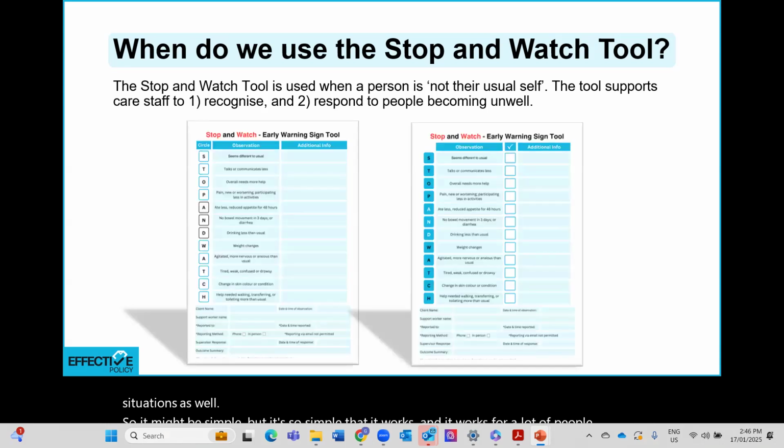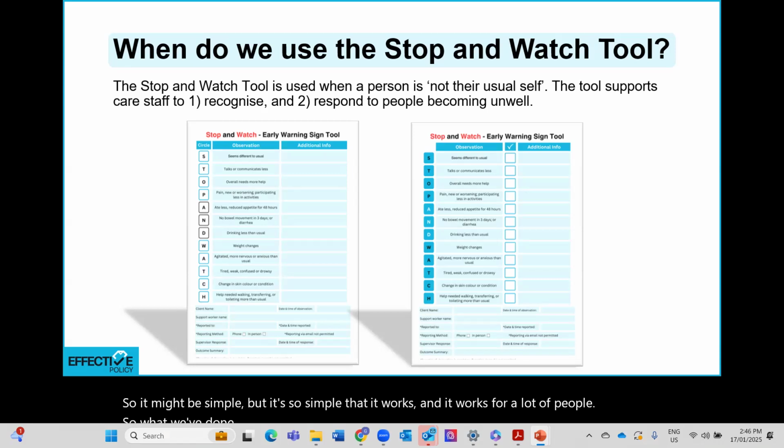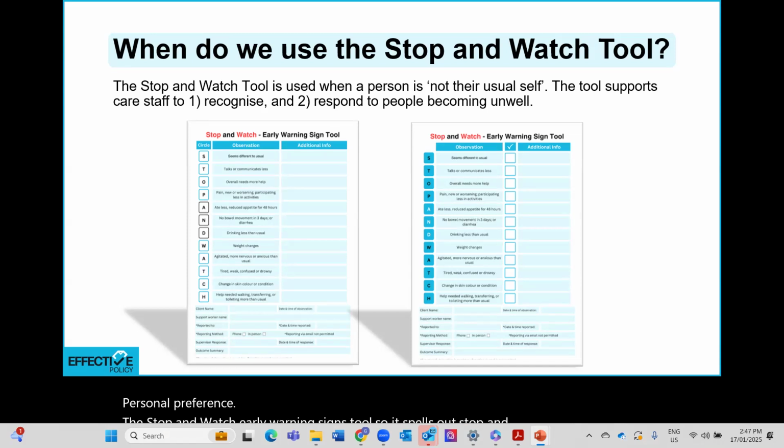So what we've done is redesign something that was a bit difficult to use into something that is a lot easier to use. We've got two varieties of it, just for personal preference. The stop and watch early warning signs tool. It spells out stop and watch, just in different colors.